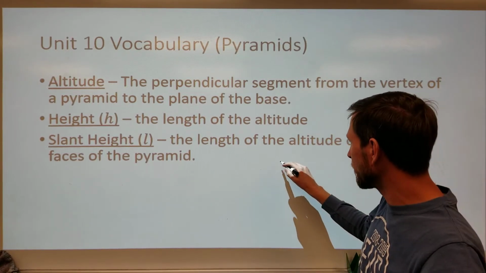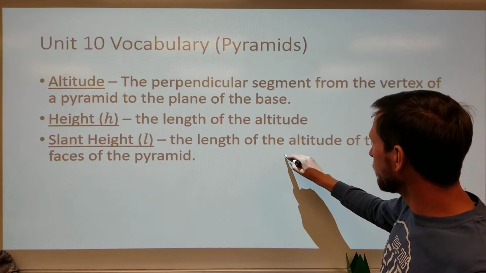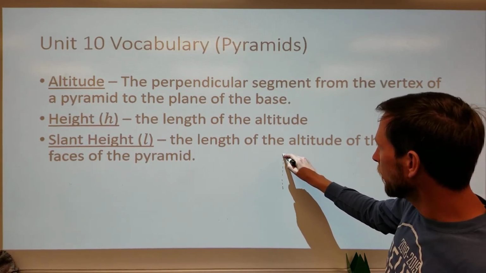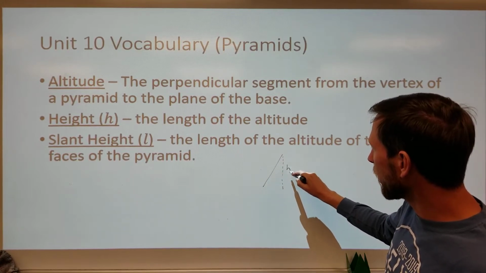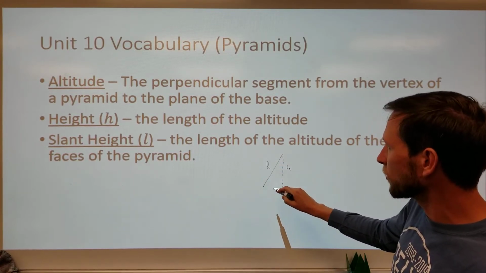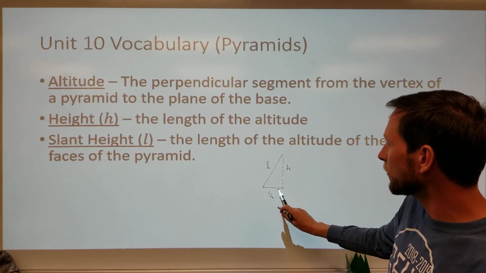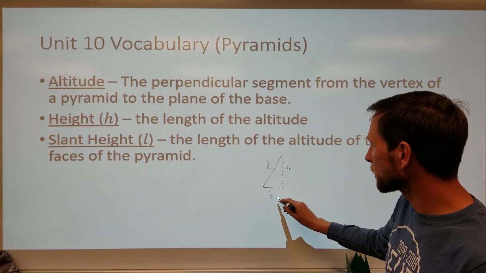So what I mean by that is, if we were to draw a vertical segment from the tip top of the pyramid, we would have this be the height of the pyramid, this be the slant height, which we're going to use L for, and then this distance to be half of the side of the base.